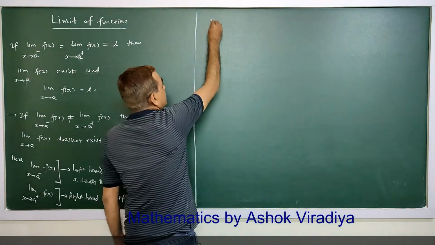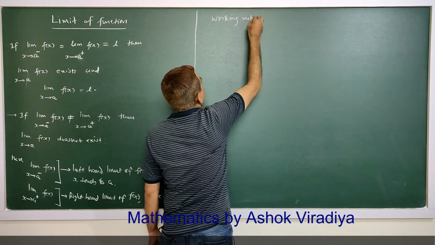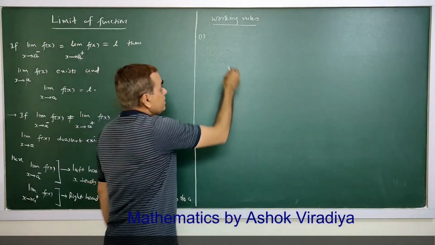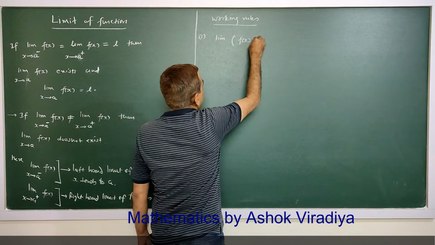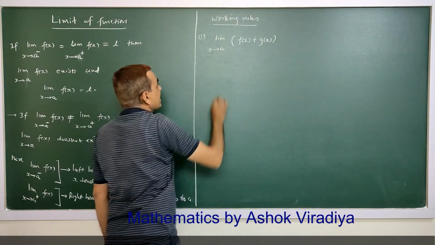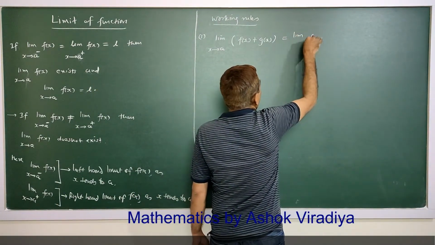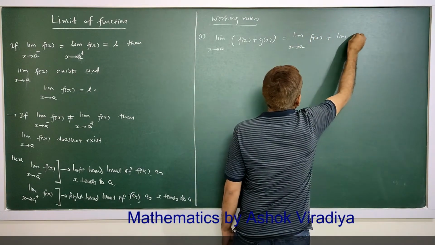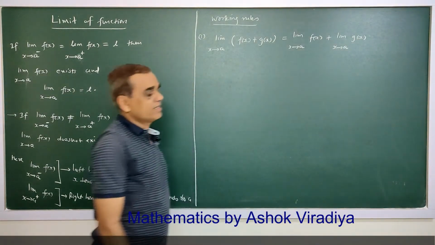Now working rules. The limit of f(x) plus g(x) as x tends to a is equal to the limit of f(x) as x tends to a plus the limit of g(x) as x tends to a.